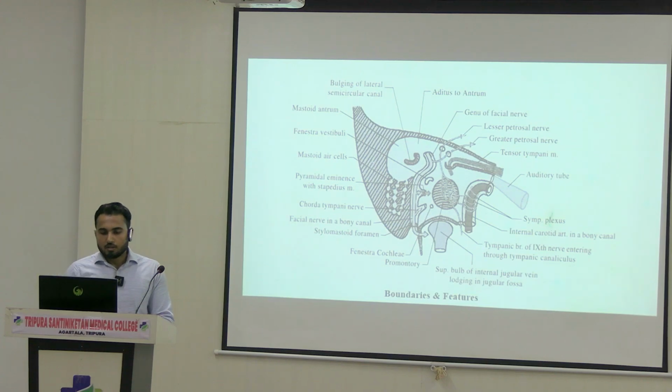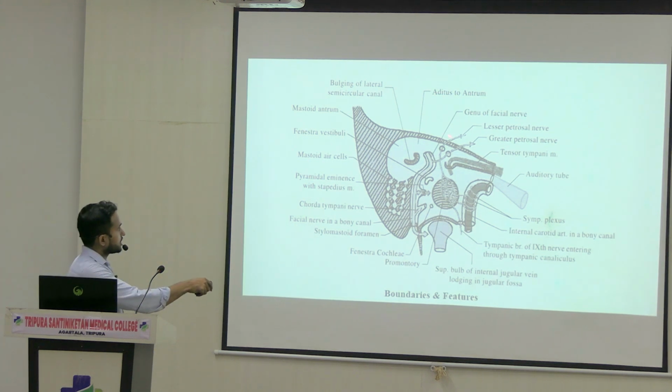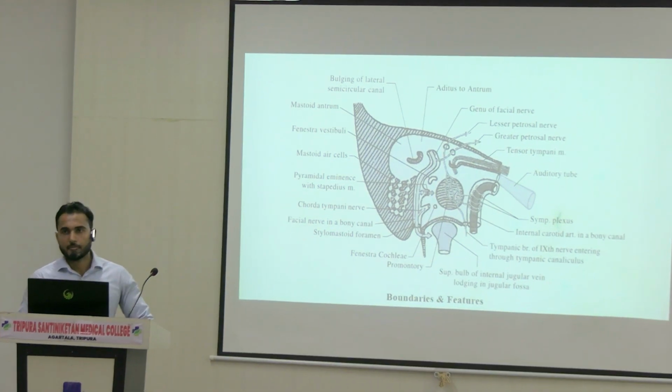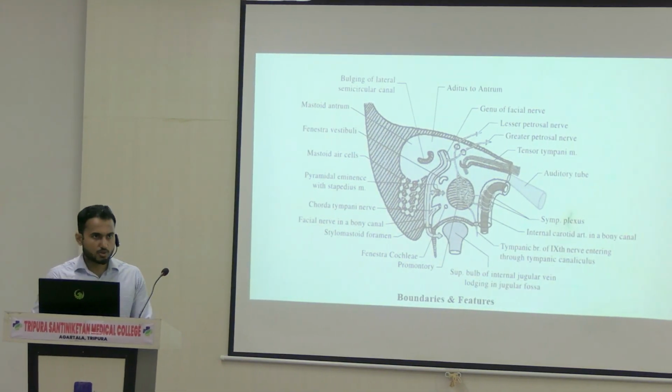Next, the bony plate is pierced by two nerves. What are they? These are the greater and lesser petrosal nerves. Have you heard about these two nerves? The greater petrosal nerve is a branch of the facial nerve, which is coming from the geniculate ganglion of the facial nerve.